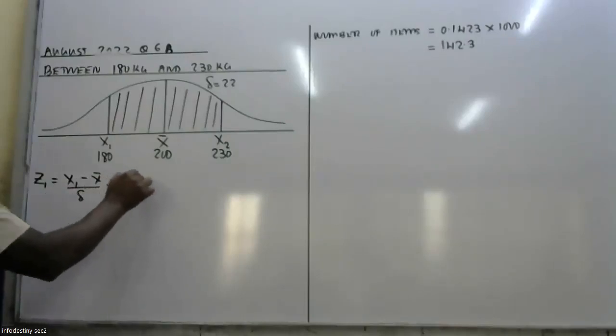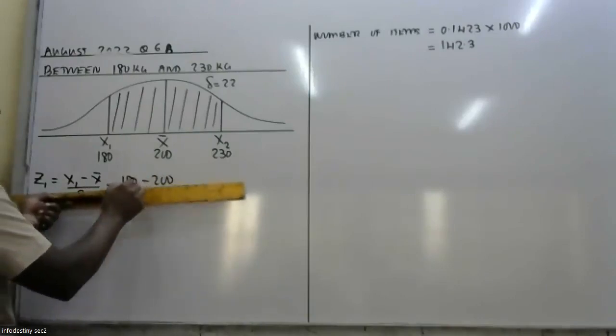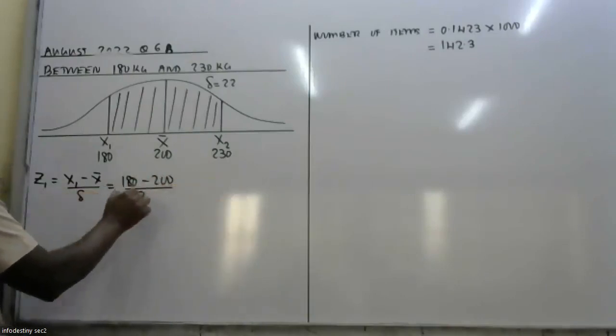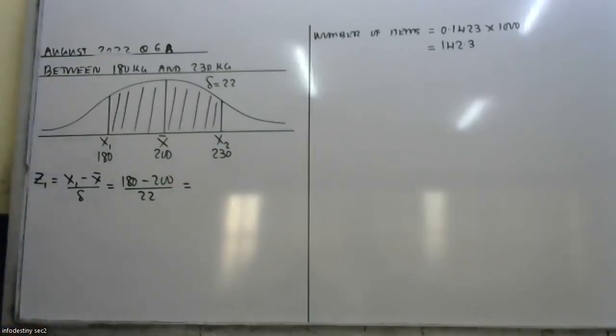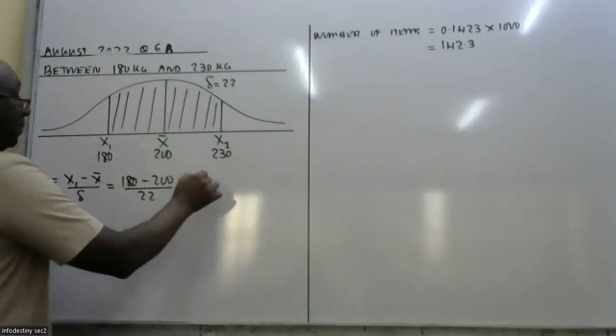So this is 180 minus 200, you divide by 22. That is negative 0.9.